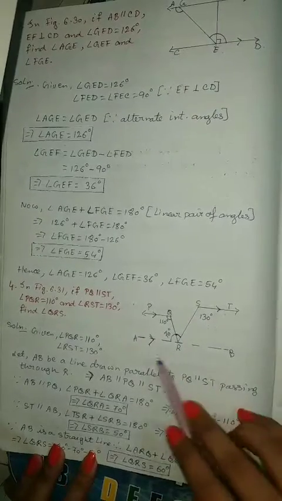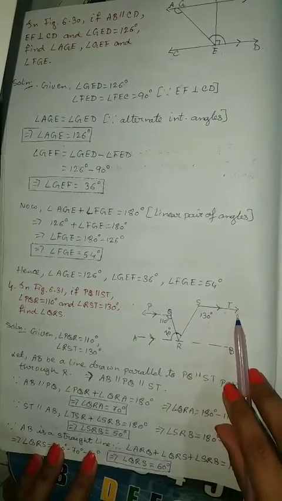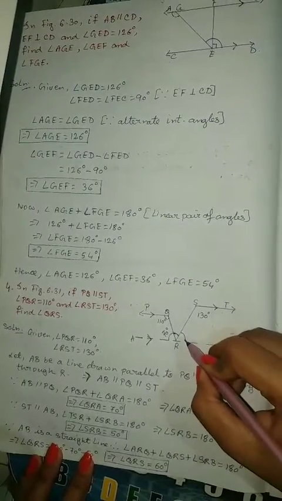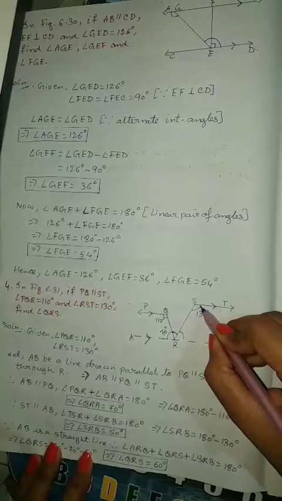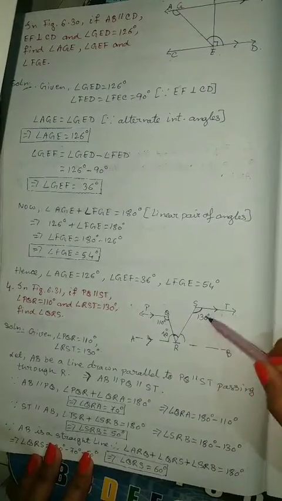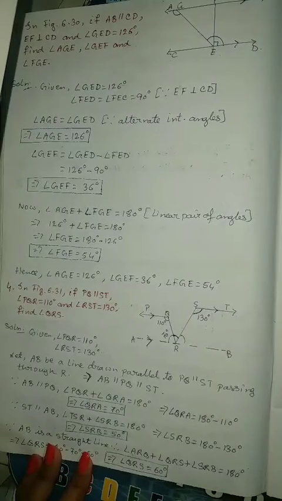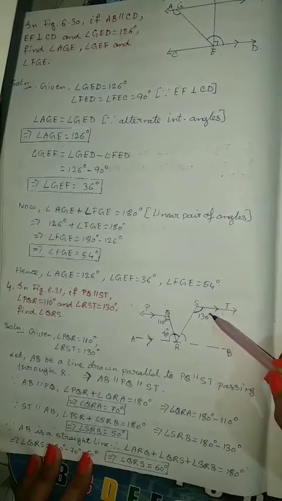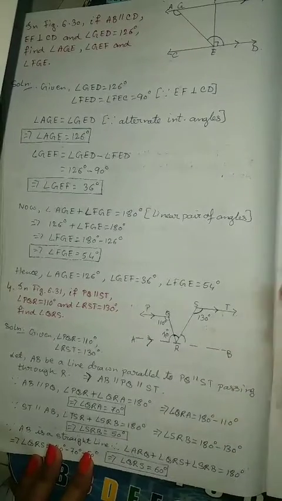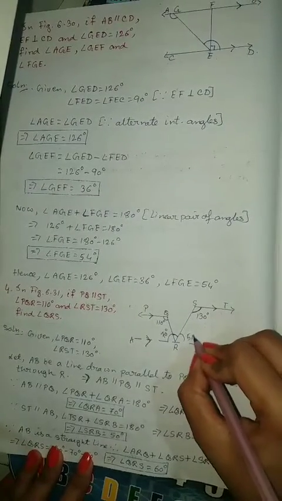Next, again, AB is also parallel to ST as we have drawn it like that. So this angle is also supplementary to this one. So the sum of these two angles will also be 180. Since the sum of these two is 180, if we subtract 130 from 180, we will get 50 degrees, right?